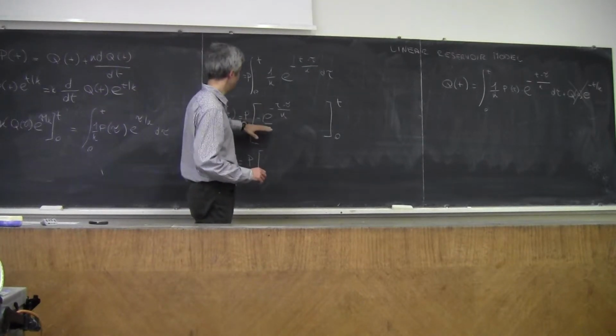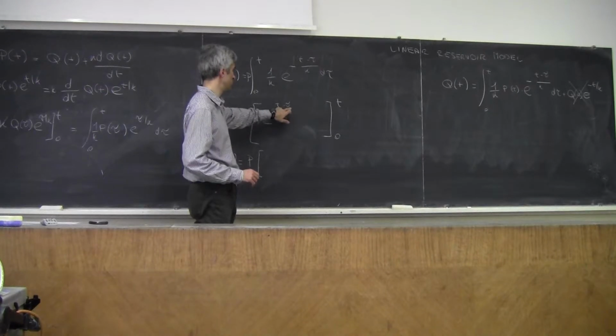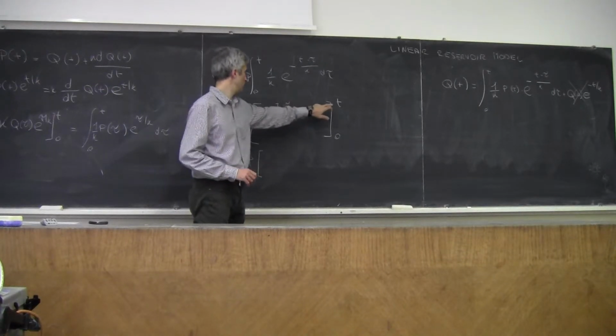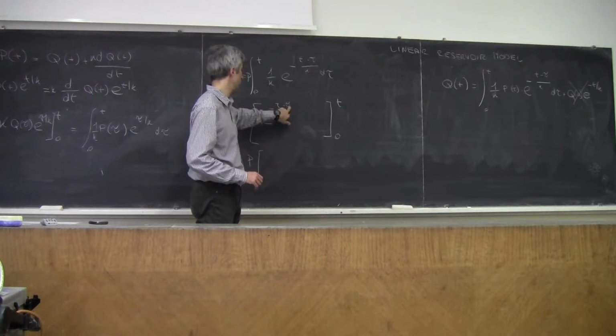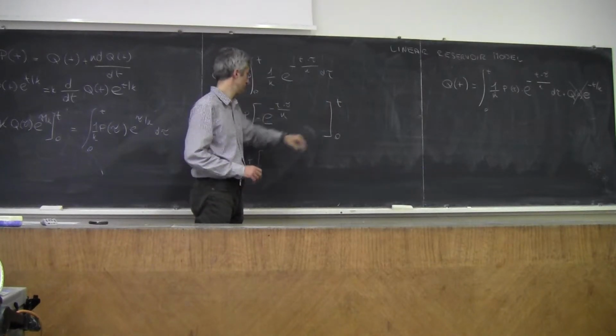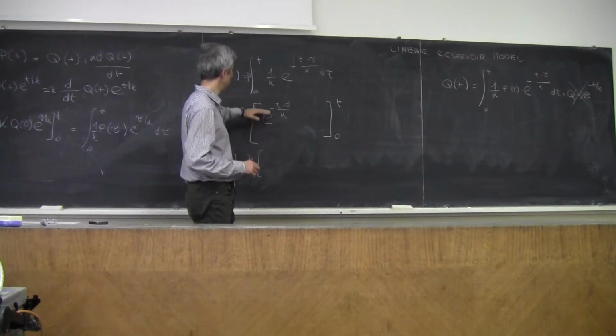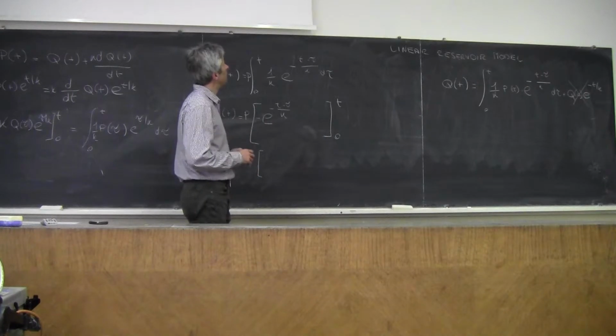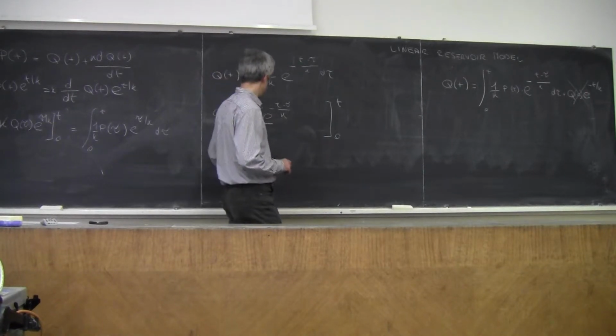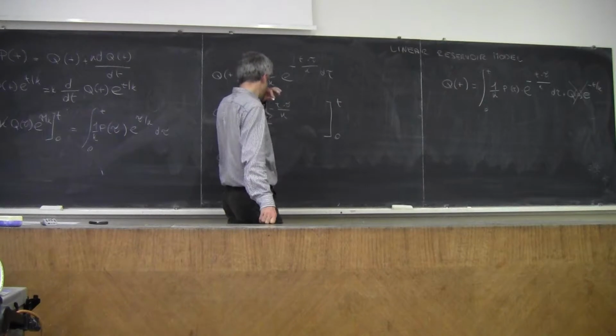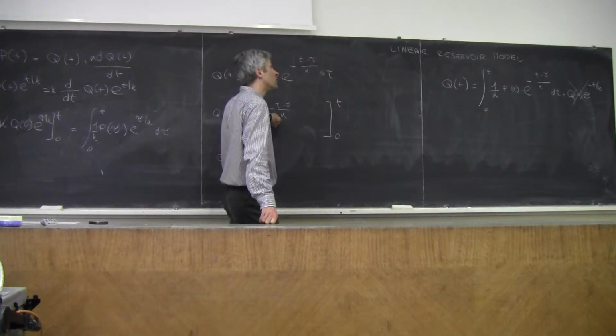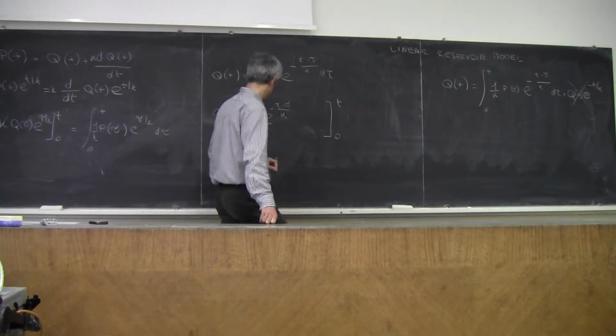Okay, first term is if we substitute tau with t, we obtain e to the power of 0, which is 1, so it should be minus 1.